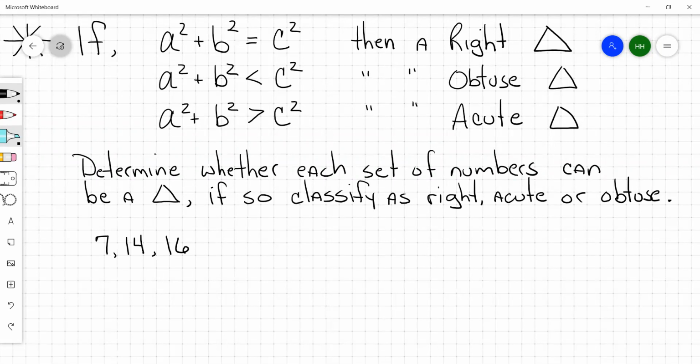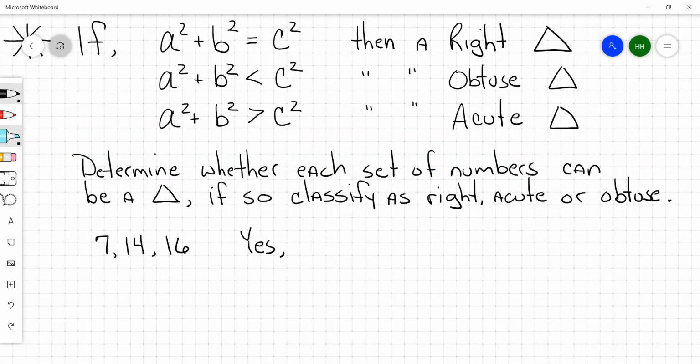So 14 minus 7 is 7, and 14 plus 7 is 21. So this third side is between 7 and 21. Since the third side is between 7 and 21, this is a triangle. Yes, this can be a triangle.